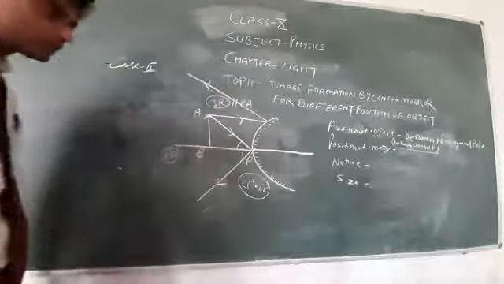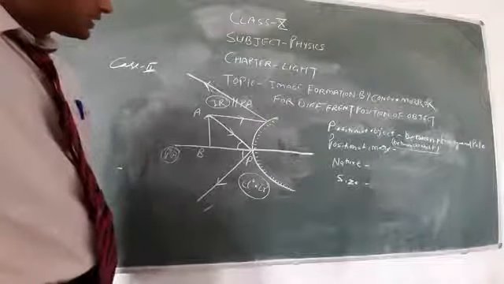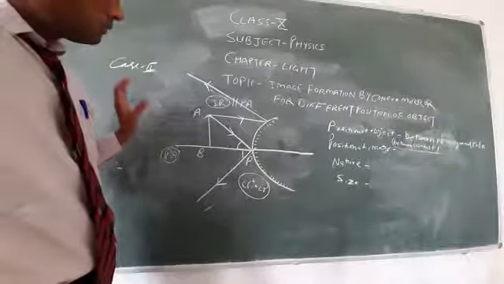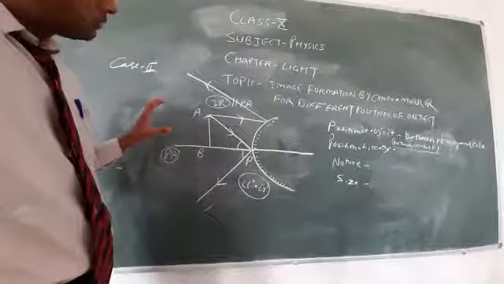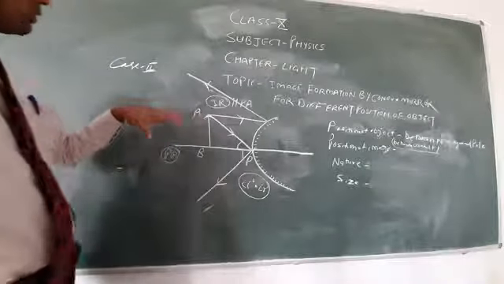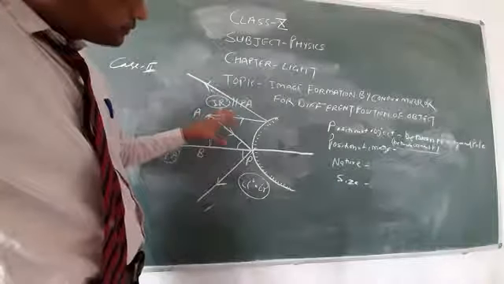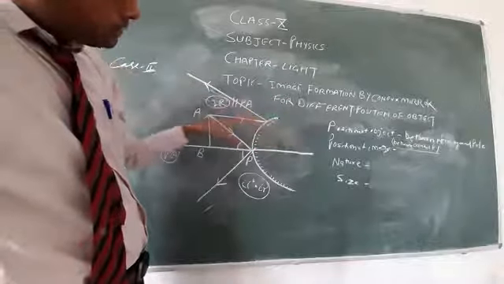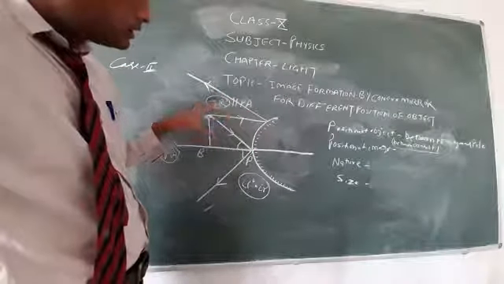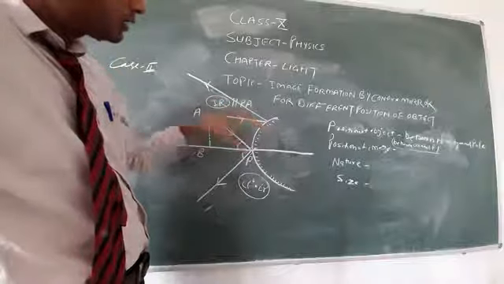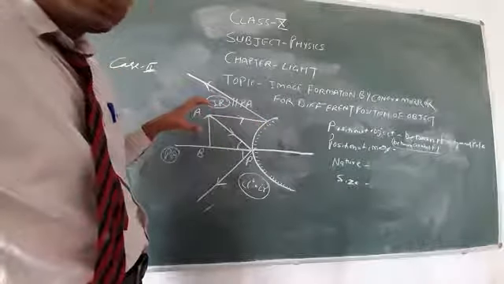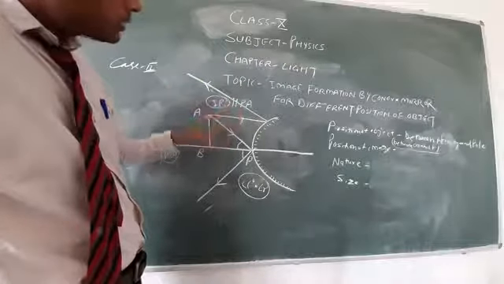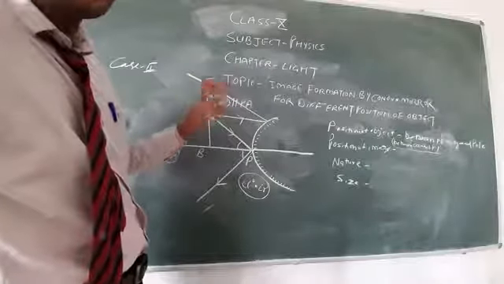So you can see these two rays never intersect in front of the mirror, but when we produce these rays backward, they appear to come from a point, and the rays of light will intersect behind the mirror.